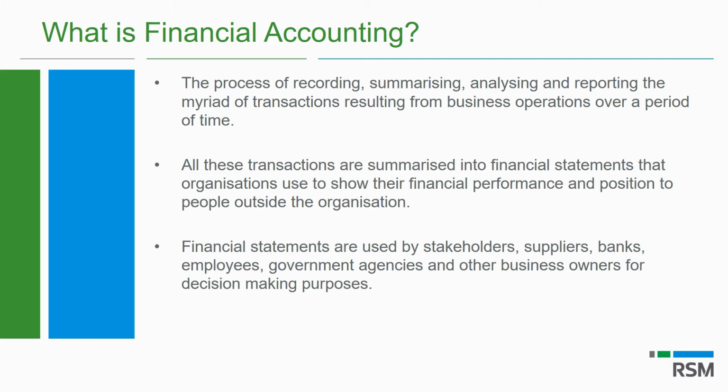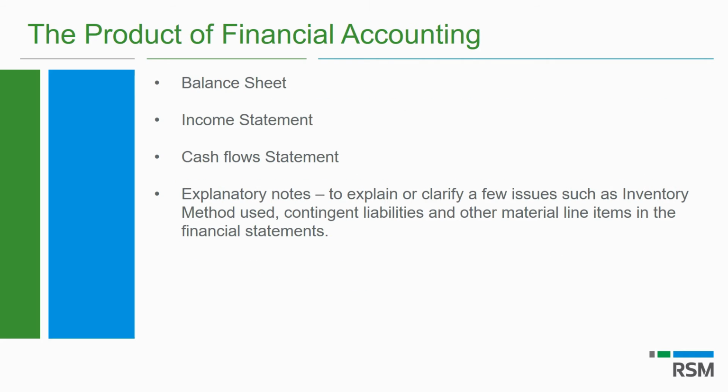So if management accounting is looking inwards, providing information to managers to make decisions, financial accounting is summarizing what has happened in order to provide information for economic decision making, but maybe even outside the company, not only inside the company. The product of financial accounting is the primary statements that we know about: the balance sheet, income statement, cash flow statement.